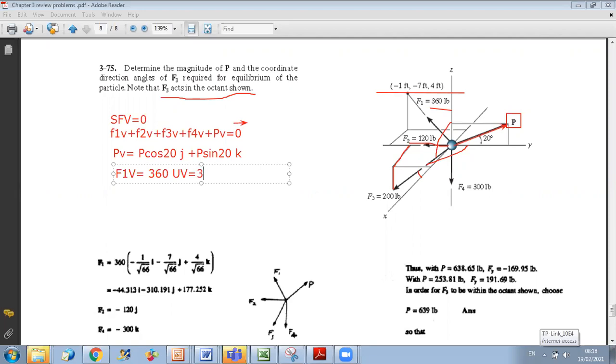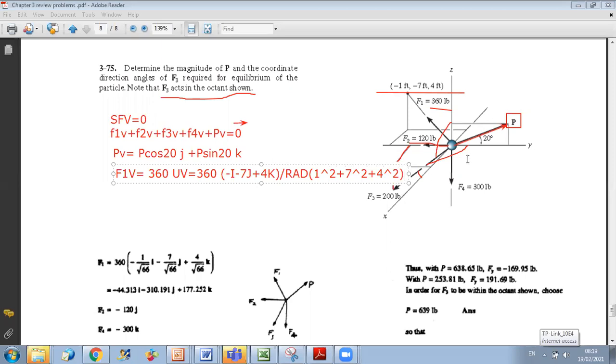So it's 360 times (minus i minus 7j plus 4k) over the radical of 1 square plus 7 square plus 4 square. So F1 is a completely known vector.